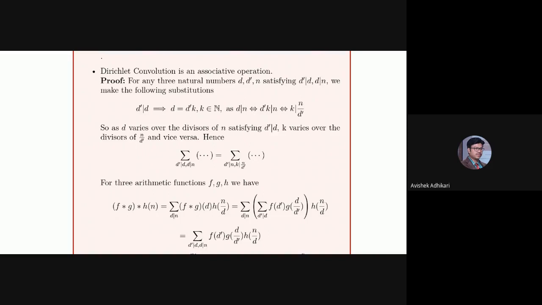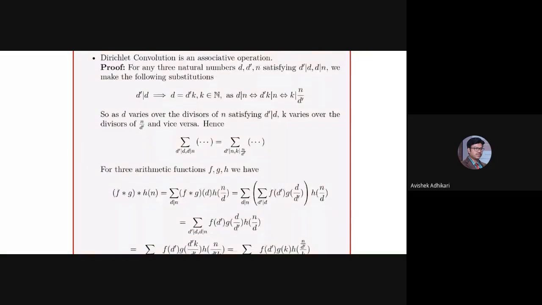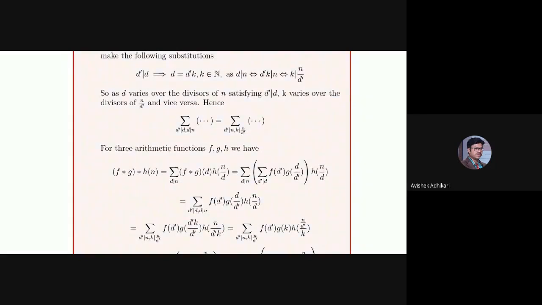As d divides n, we can write d' k divides n. That implies that k divides n/d'. This replacement is very important when we are going to prove the associative property of the Dirichlet product. Here we can see that the summation over d' dividing d dividing n is nothing but the summation over d' dividing n, k dividing n/d', which we just proved in the previous slide.